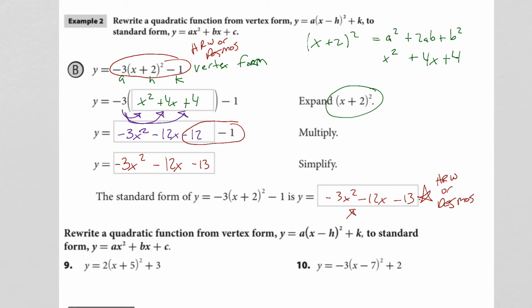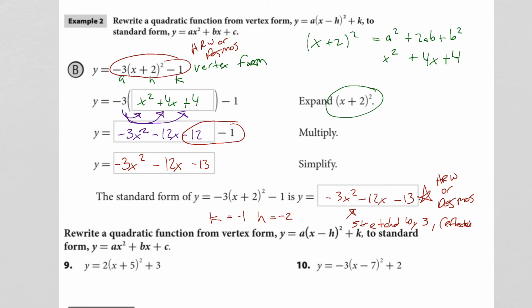This graph here is still stretched by a factor. Let me spell right. I don't know what's wrong with my brain. Probably because it's the first day back, a week off. Stretched by 3. It's been reflected just like the other graph. And h is still negative 2, and k is still negative 1.